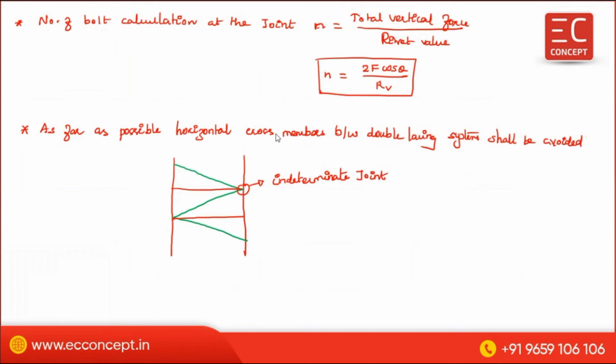Okay. Now the next one is B. Batten system of column. So first we have seen the lacing system. Now we are going to see the batten. Okay.